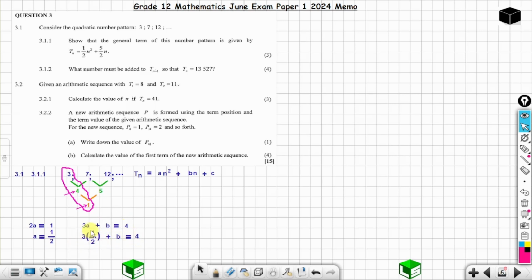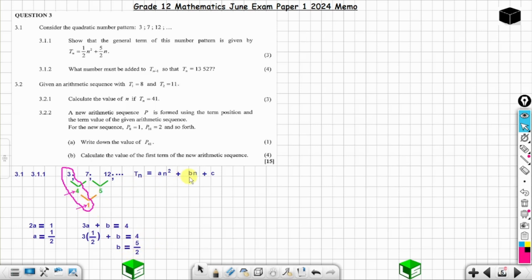So 3 times 1 over 2, this is 1.5. To the right, you're going to have 4 minus 1.5, which is equal to 2.5, which is equal to 5 over 2.